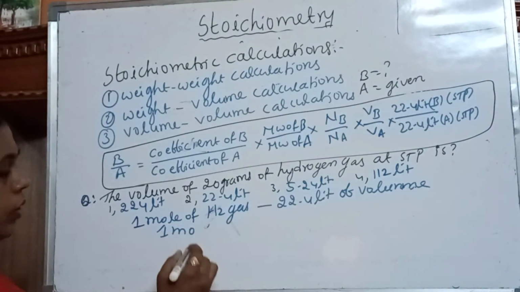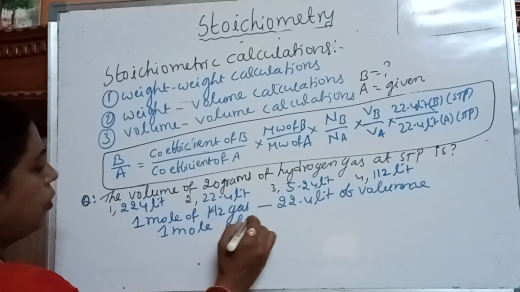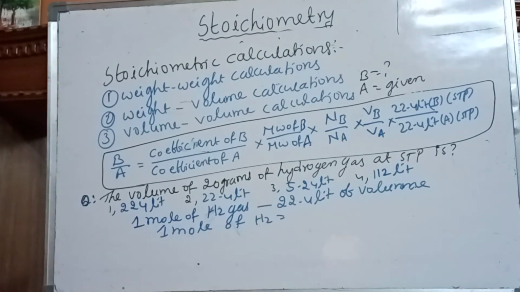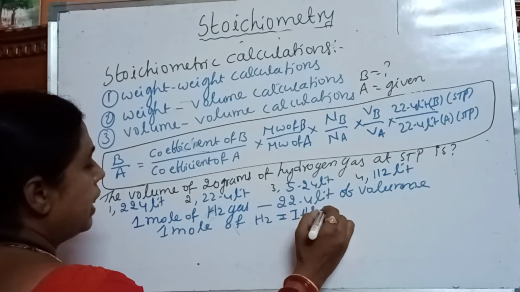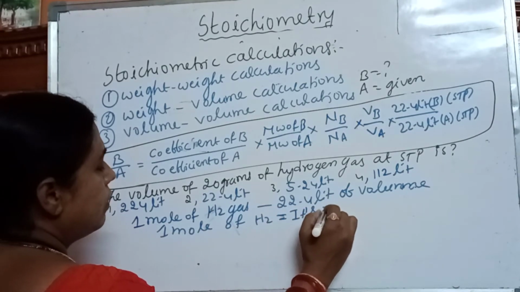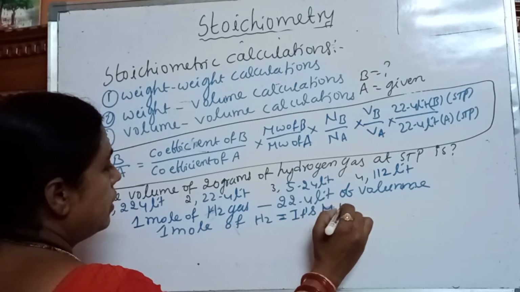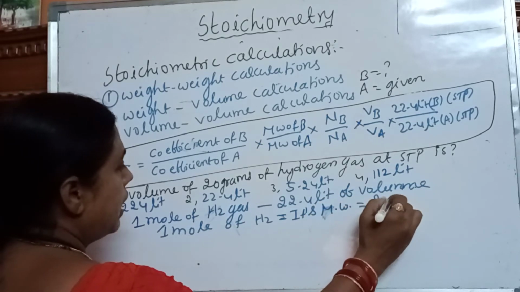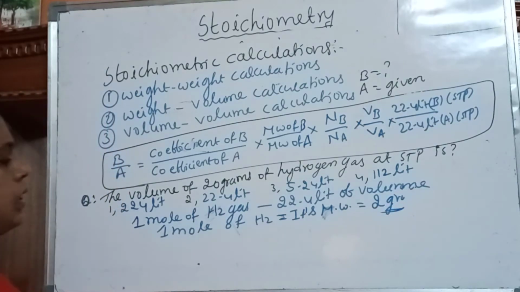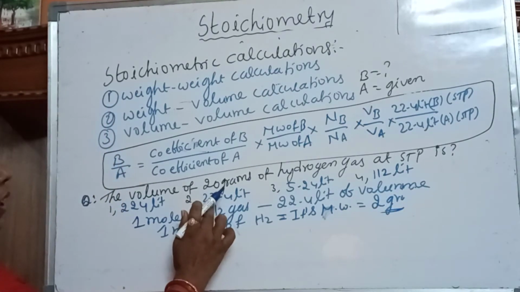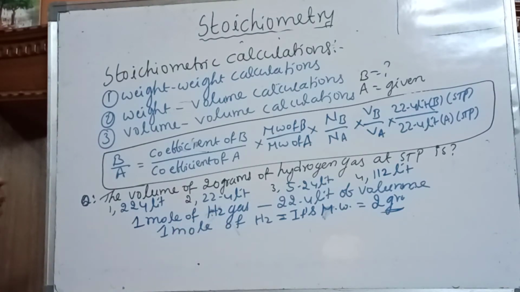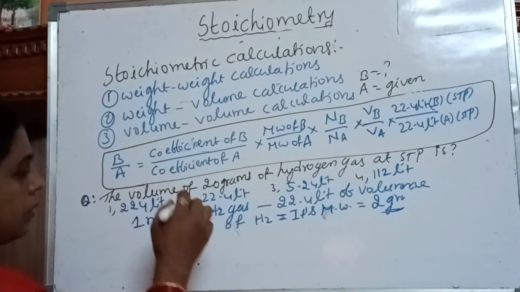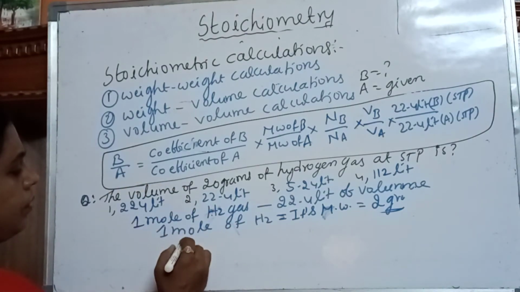To take one more concept here to introduce: 1 mole of H2 gas is equal to its molecular weight. So the molecular weight of hydrogen gas is how much? 2 grams, isn't it? H2. The atomic mass is generally 1, then 1 plus 1 is equal to how much? 2 grams.